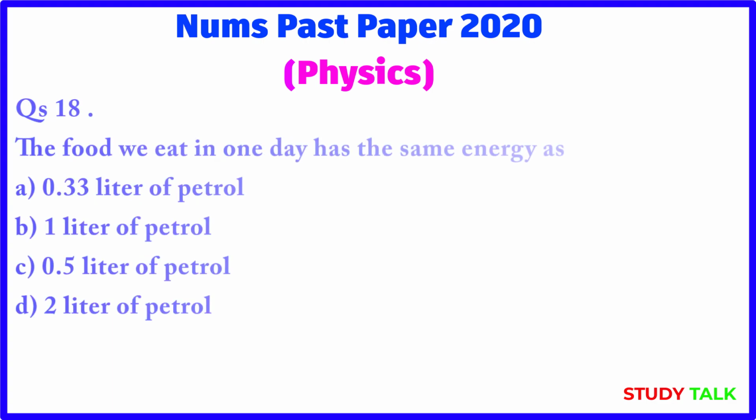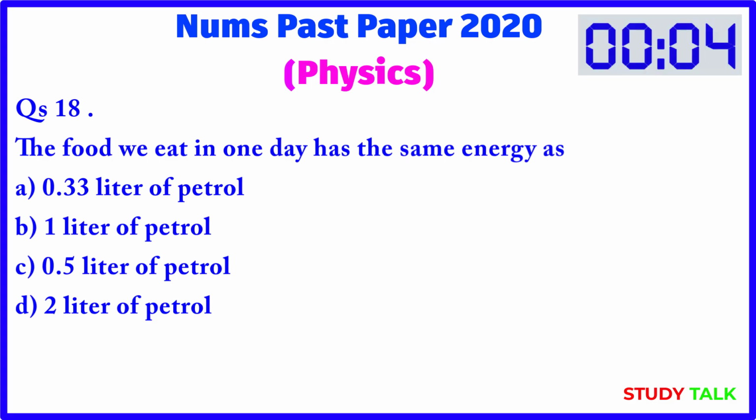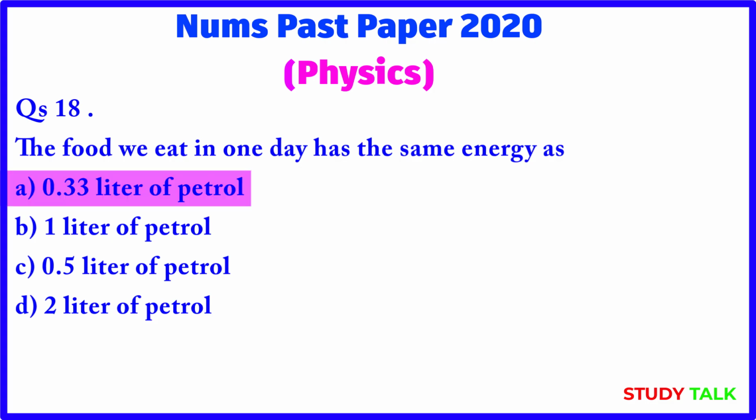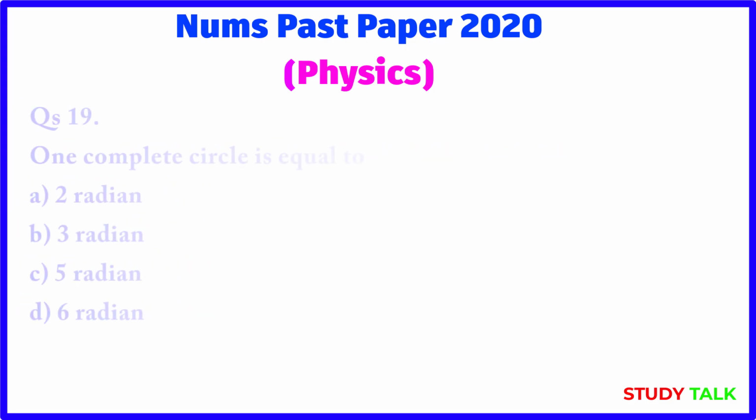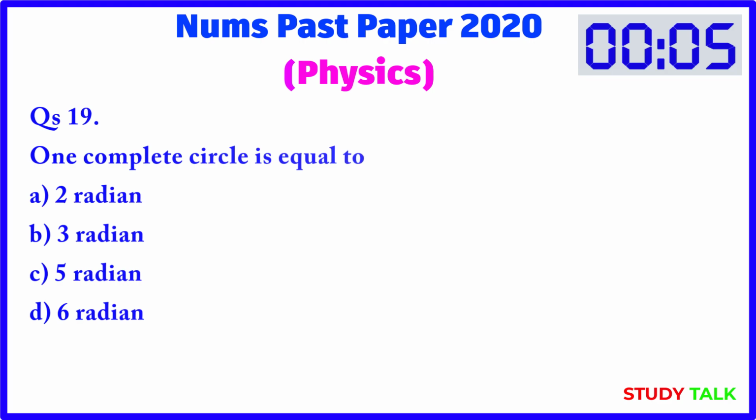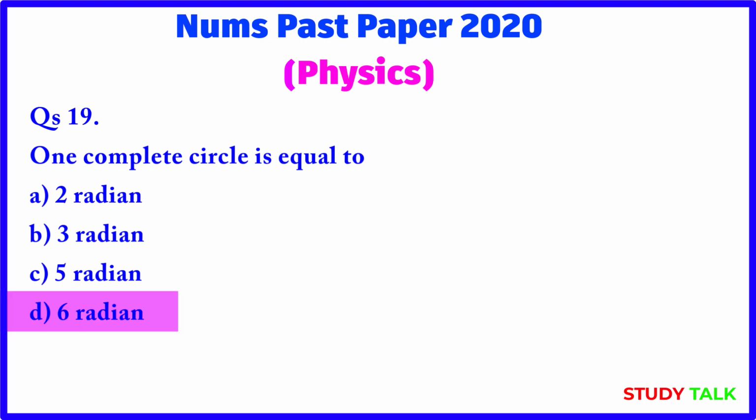The food we eat in one day has the same energy as 0.3 liter of petrol. One complete circle is equal to 6 radian.